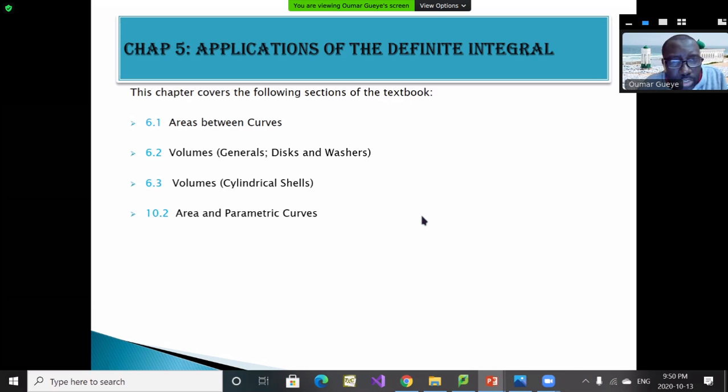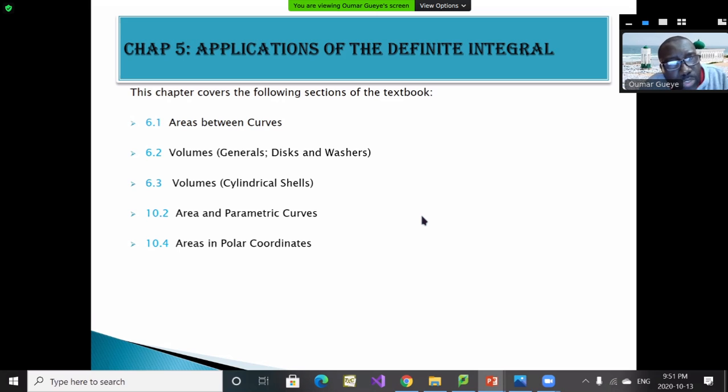And to conclude this chapter, we'll see two cases of areas. We'll be interested here in the area bounded by the x-axis and a polar curve. We already saw how to sketch polar curves. So we'll be interested in the area of the region bounded by one polar curve and the x-axis, or the area of the region bounded by one curve or two or more than two polar curves.